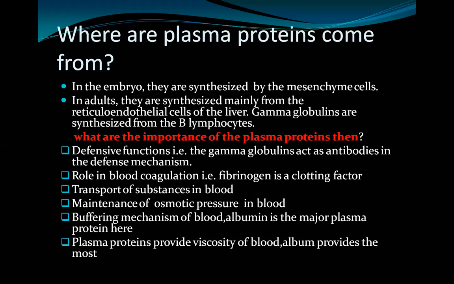Then where do these plasma proteins come from? Where are they synthesized or produced? In the embryo or fetus, they are synthesized by the mesenchymal cells. In adults, they are synthesized mainly by the reticuloendothelial cells of the liver.